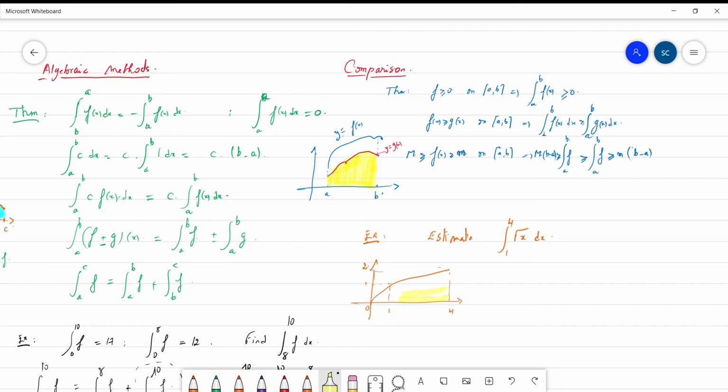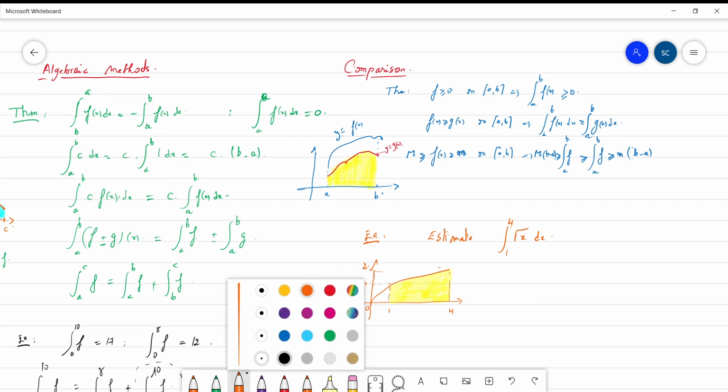This is the area we are interested in. The idea we want to apply is to bound f between two functions. The easiest choice, of course, is two constant functions. So yes, we can do that.